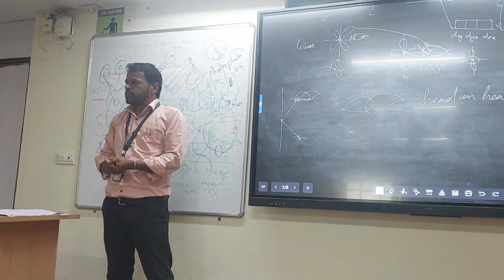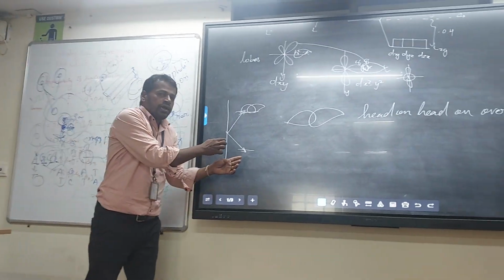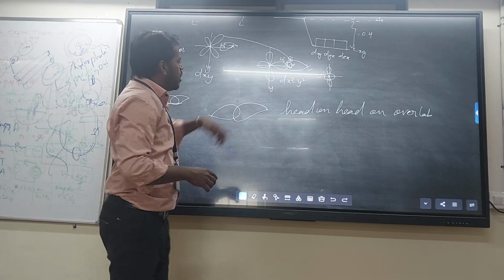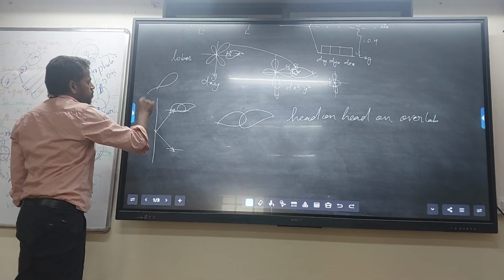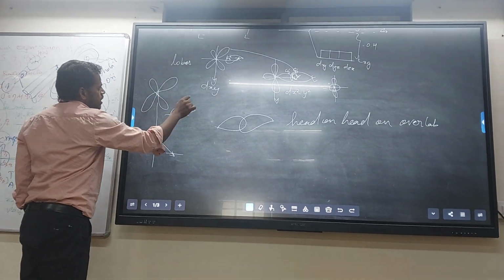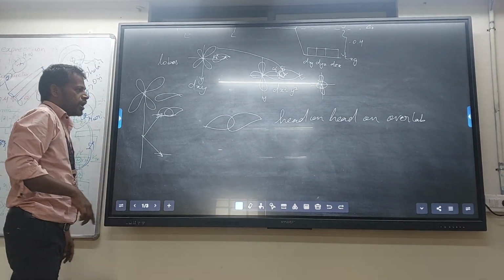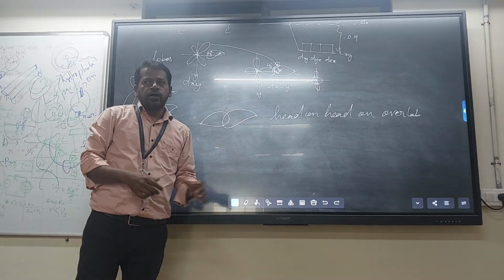But here, with side-on overlap, the ligand orbital is like this, therefore these electrons will be shared with the central metal atom. So this is head-on overlap.